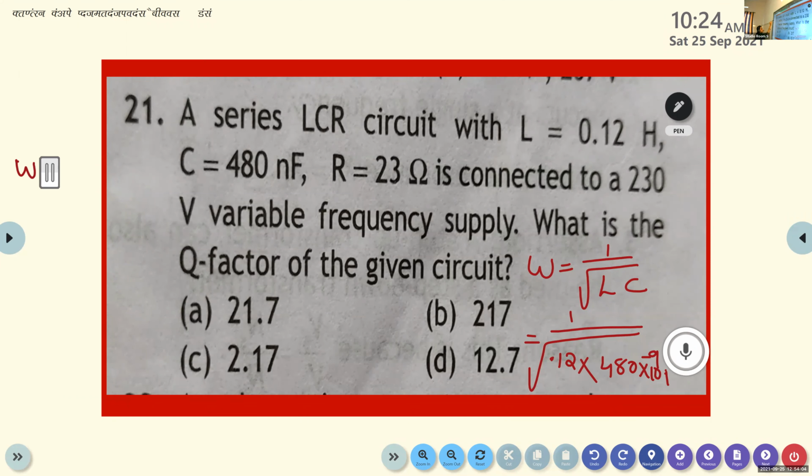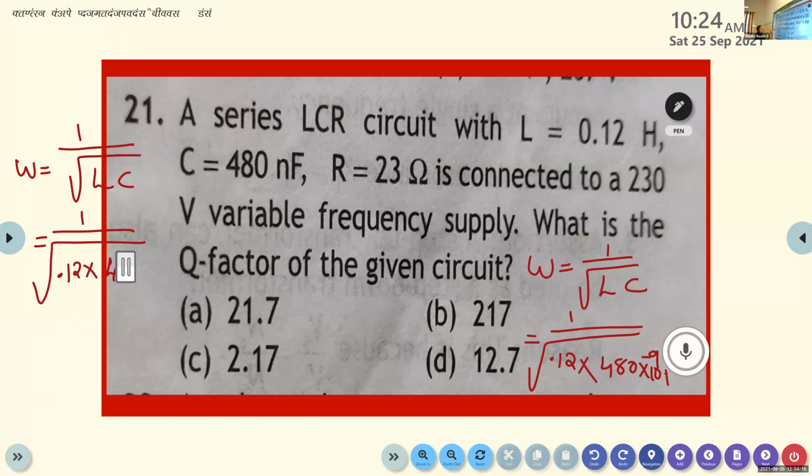Omega is equal to 1 by root of LC, that is equal to 1 by root of 0.12 into 480 into 10 raised to negative 9. Find the value of omega.